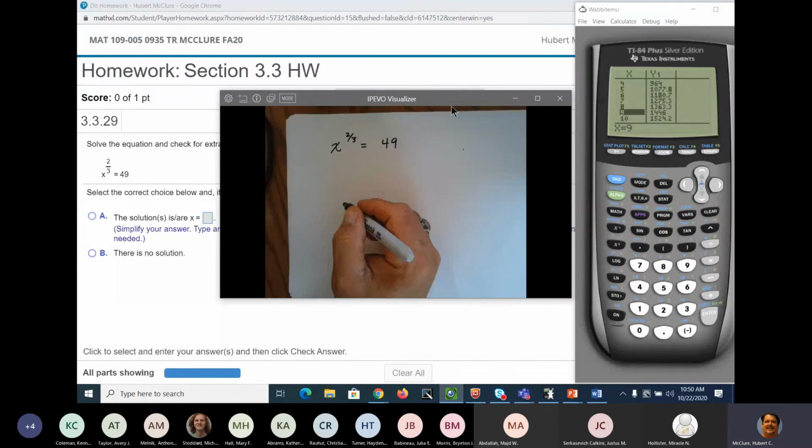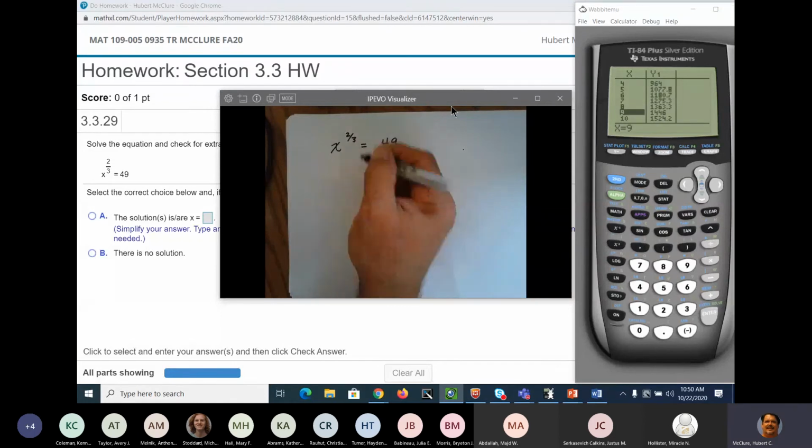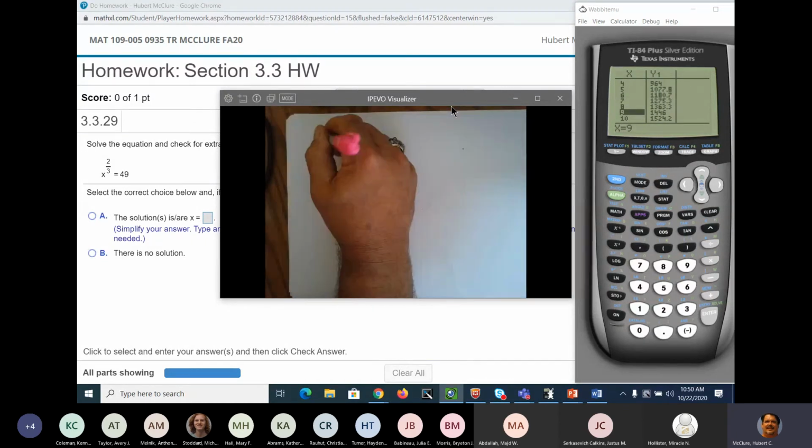Well, as long as I make the exponent 1, I'm good, right? Somebody say you right, or yes, that's right. Yes. So I'm going to make this x to the first power, so I'm going to multiply by 3/2.